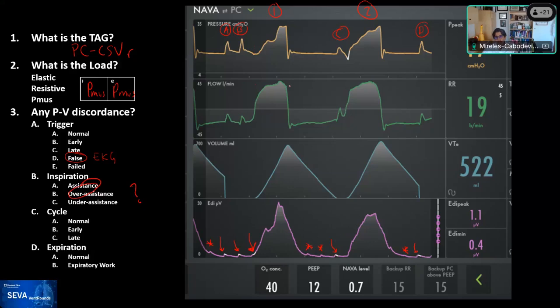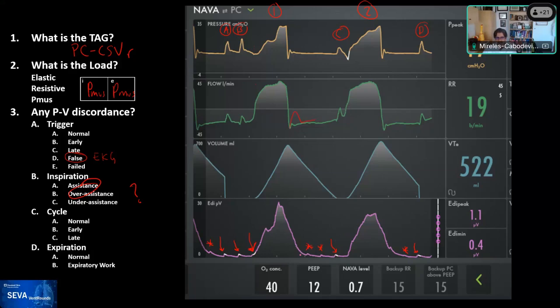So what I would look here is for features that would tell me that there is early cycle, and I don't see features of early cycle. What I would look for would be the peak flow and then evidence of inspiratory effort after that. I don't see that right here.